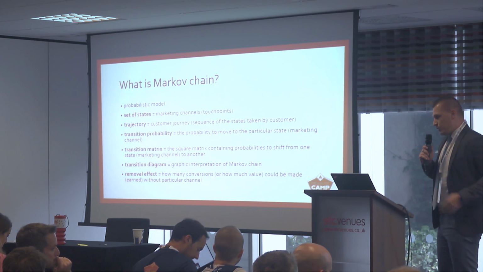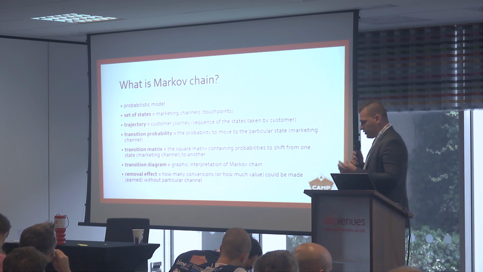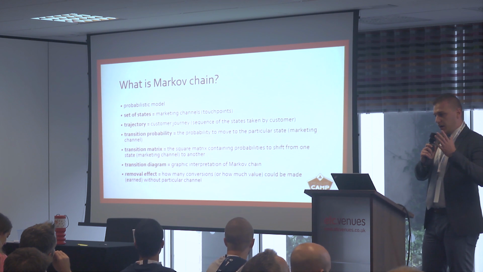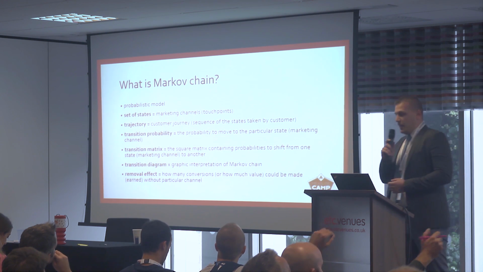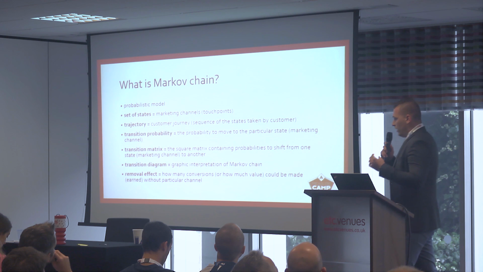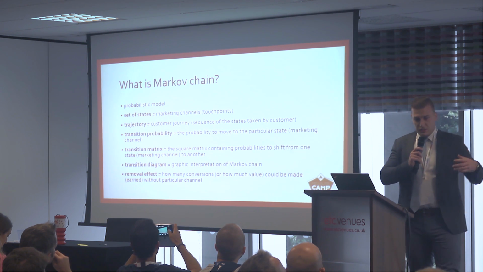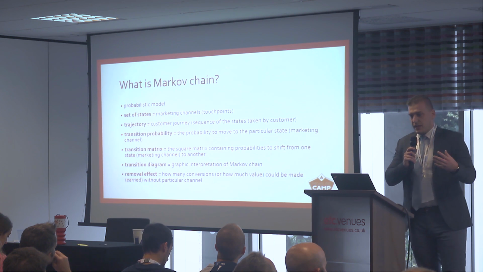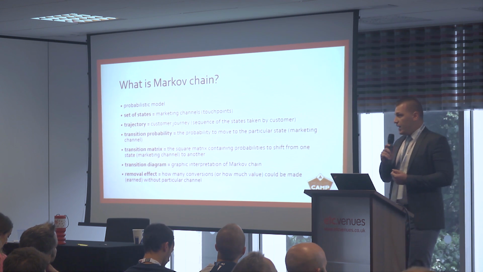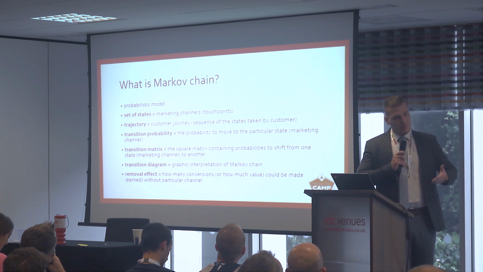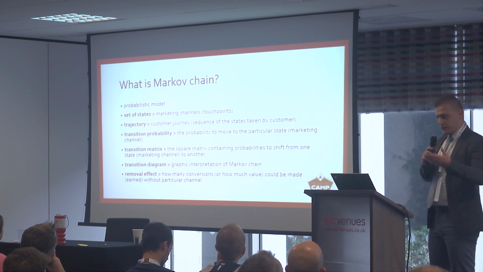Set of states represent each possible marketing channel that can be involved in a customer journey. Then we have a trajectory that represents a particular customer journey, the sequence of steps taken by the customers. Then we have transition probability, the probability of moving from one channel to another channel.